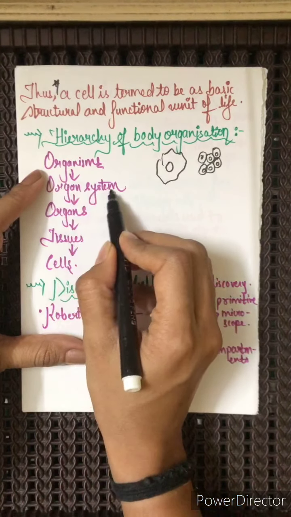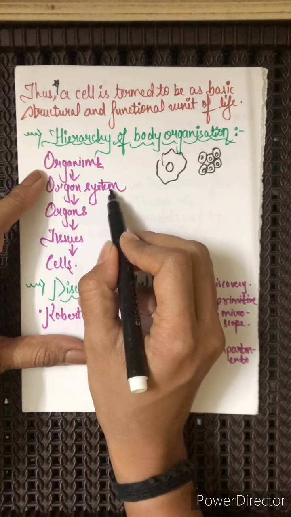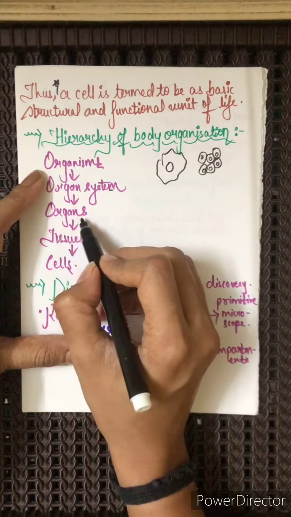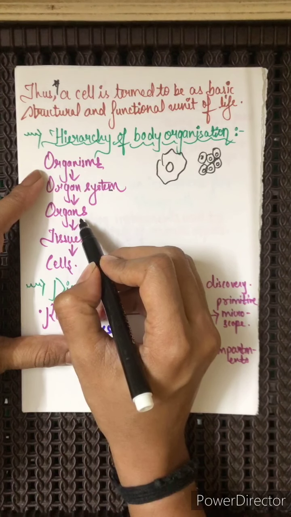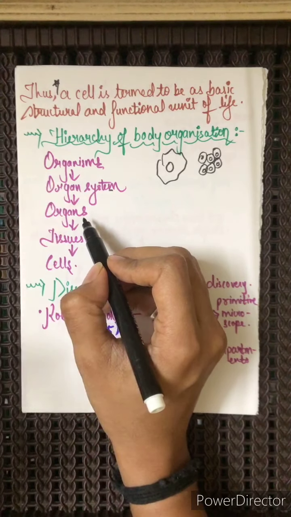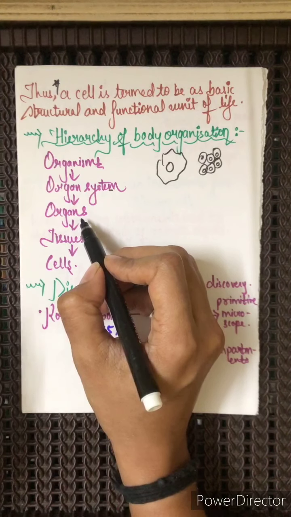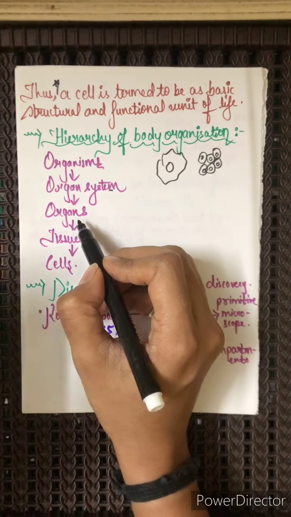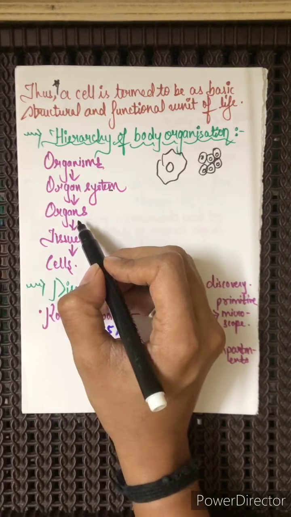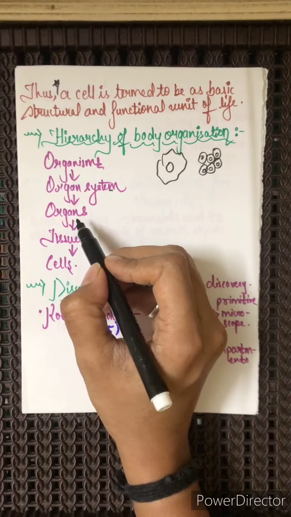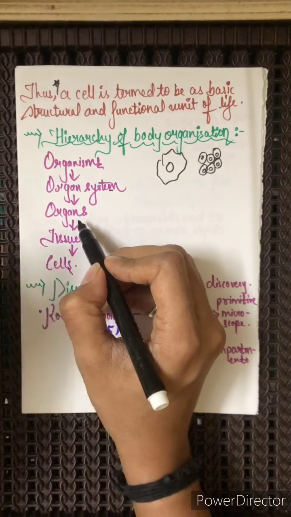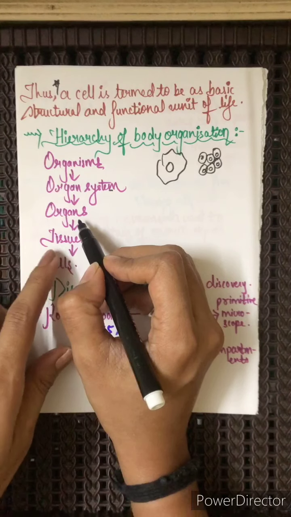So what are the systems made up of? The systems are made up of nothing but organs. We have various organs inside our body: heart, liver, kidney, urinary bladder, then various reproductive organs, and so on. And all these organs are made up of what?